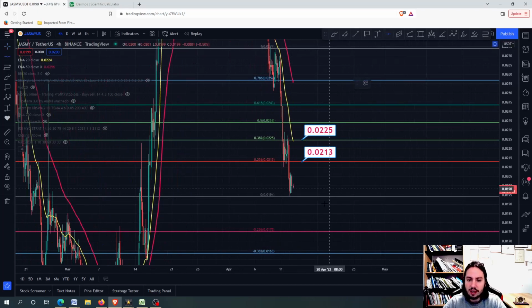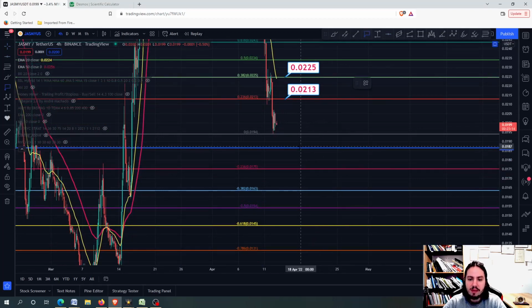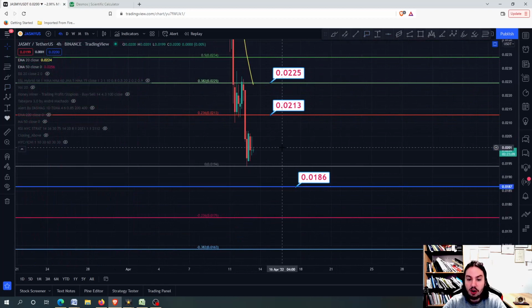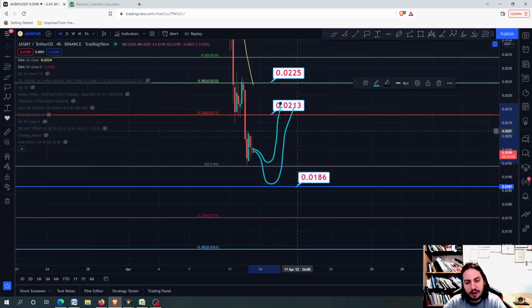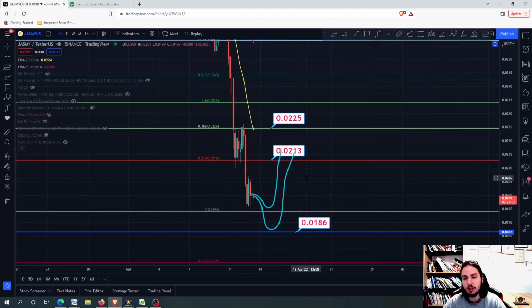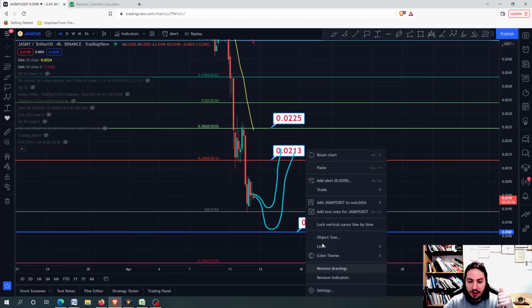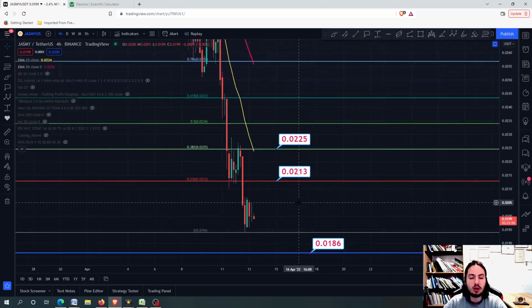Okay, so in simple terms, we are probably going to see a little bit more of a correction going on, or this one right here or this one right there. Okay, so we are going to go further upwards. We are going to the next price targets for Jasmy, but the buying pressure that we will have depends a lot on whether we are going to go above the 0.0213.